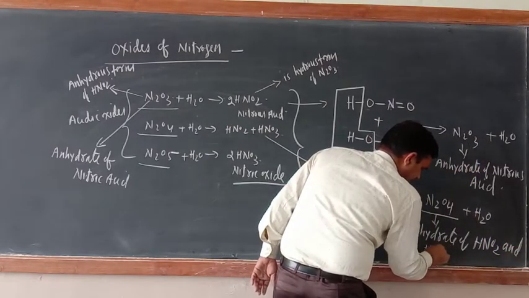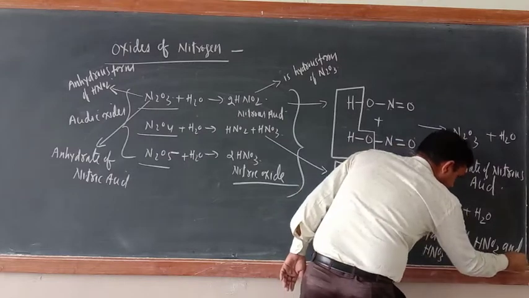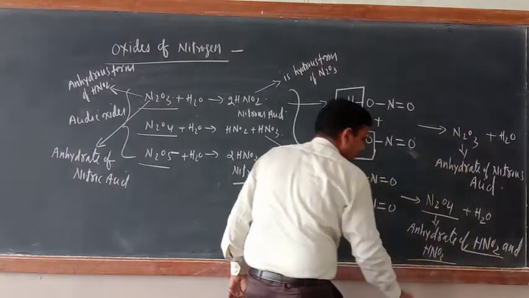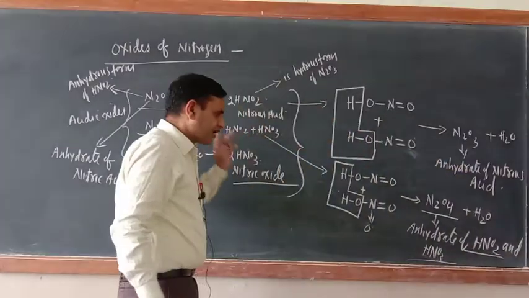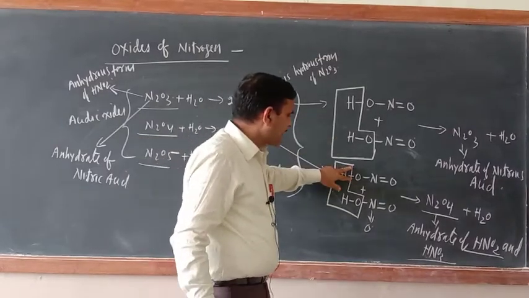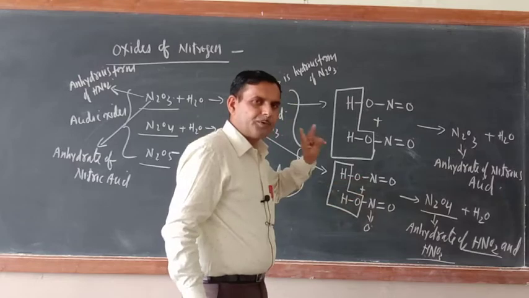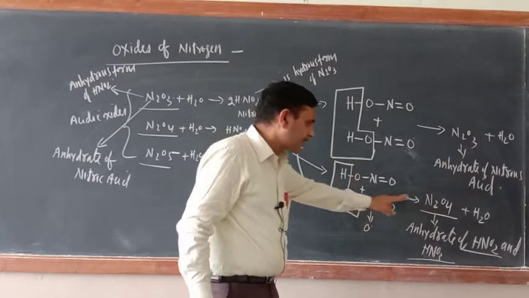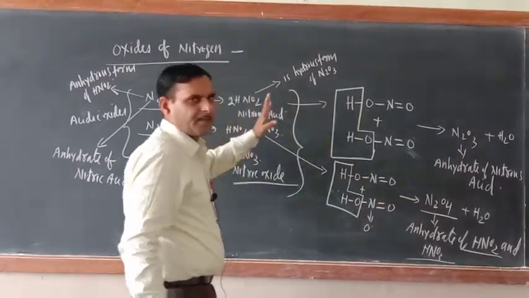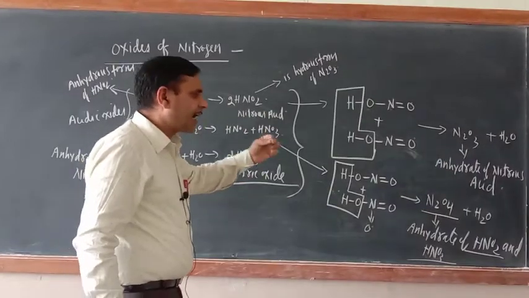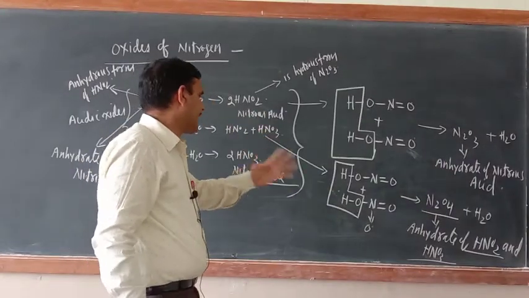Because from 1 molecule of nitrous acid and from 1 molecule of nitric acid, if you remove 1 molecule of water, then N2O4 is formed. That is why it is known as anhydrate of nitrous and nitric acid.